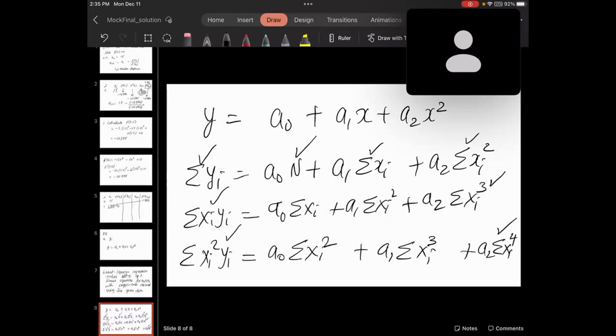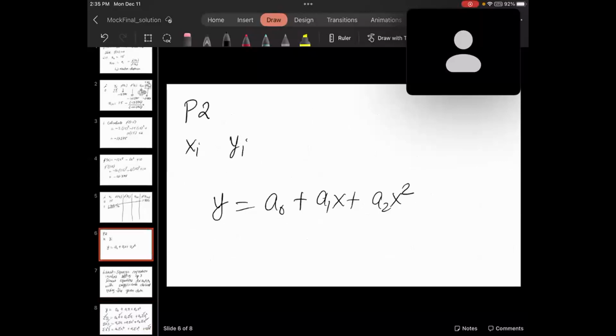So if you get 3 plus 3, 6 plus 2, 8 numbers from the table, you just have to put them here and then treat this like a system of linear equations and solve them for a0, a1, a2. If nothing is given about what method to use, you can use any method you want, like Gauss elimination, Cramer's rule, Gauss-Seidel method, whatever you want.